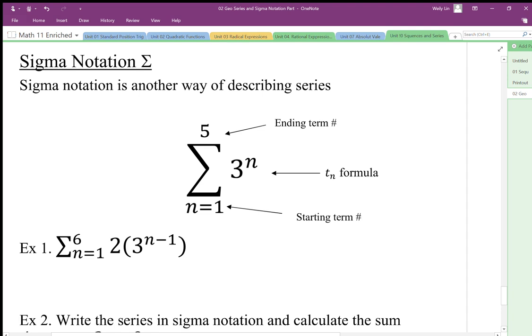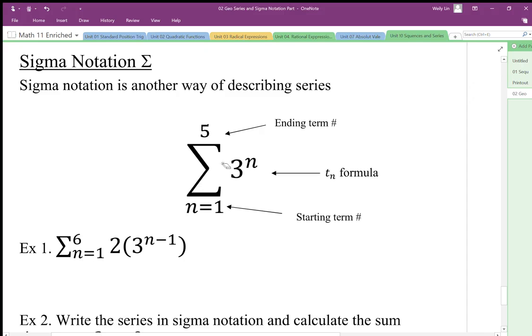So the way it works is this. The bottom here indicates the starting number. So n equals 1 means we're starting at term number 1 in a sequence. This 5 up here means we're going to end at term number 5, and we're going to add up the terms from 1 to 5. And this formula in here represents our Tn formula.